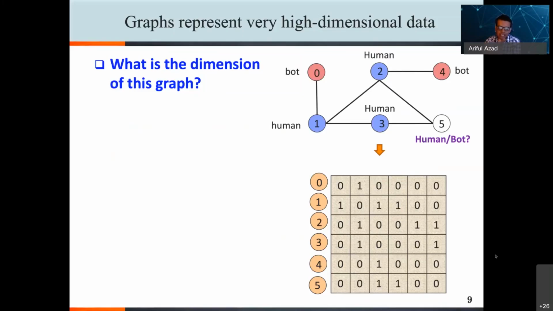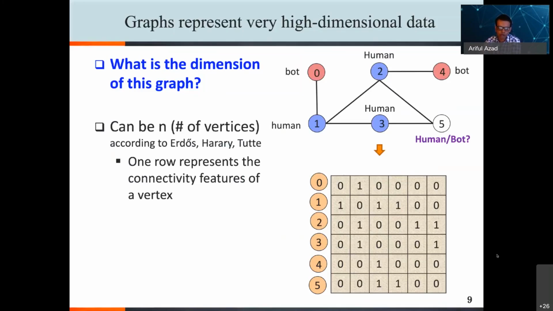So in that sense, this graph is 6-dimensional because we have 6 columns. According to a long-standing definition from Erdős and his colleagues, given a graph with n nodes or n vertices, the dimensionality of the graph is n.